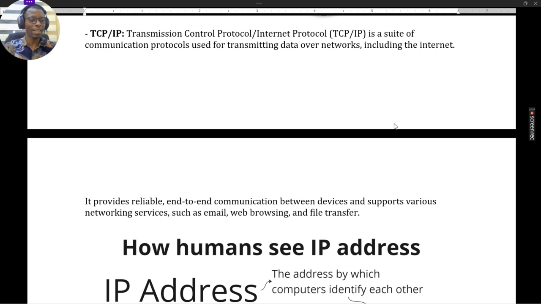Hence the need for a better one, IP version 6, which is estimated to be very difficult to fill up, even at the rate at which the world's population is growing. But it is still relatively new, and not many people really understand it; it's complex compared to IP version 4. So today we're going to talk more about IP version 4, because this is more of an introductory course.